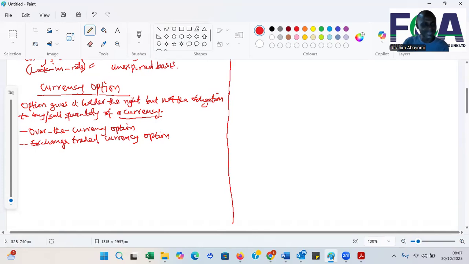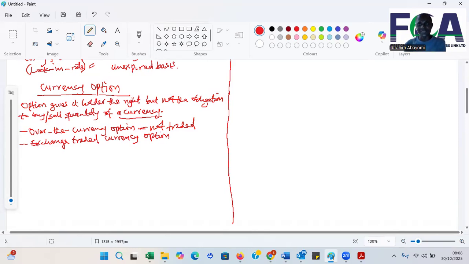When we say over the counter, like we talked about under forward contract, it just means between two parties without a middleman. So this one is not traded. I can go to the bank, for instance, and say, I want us to agree a rate at which you sell dollars to me in the future. That's over the counter. No middleman is involved. It's not traded in the market.